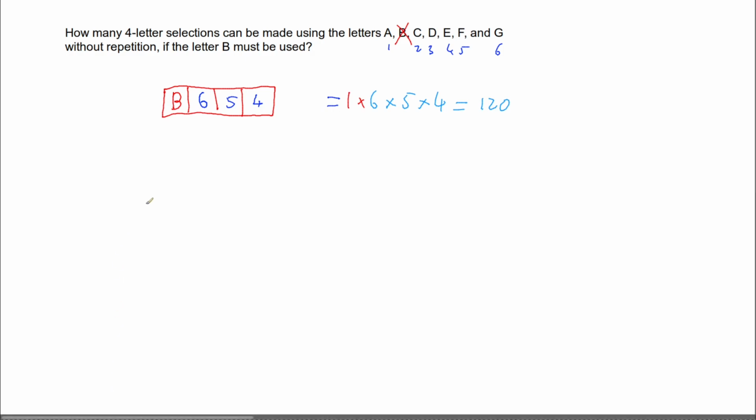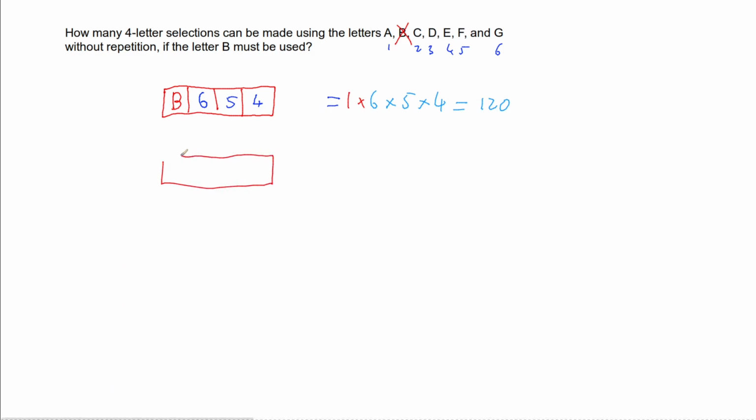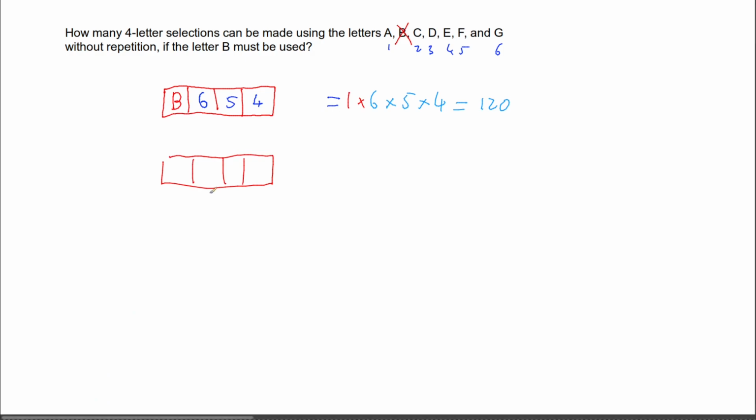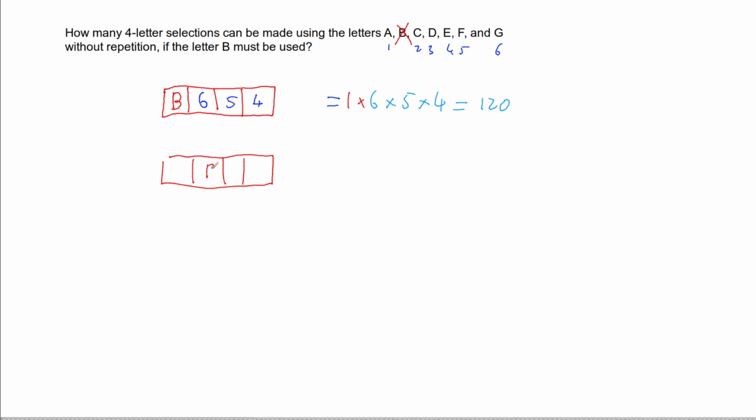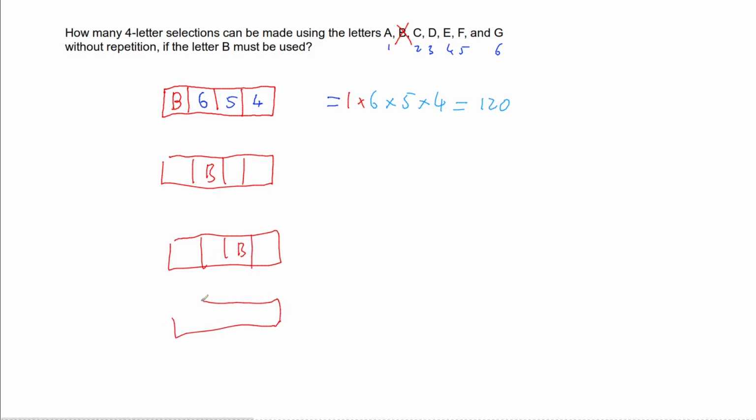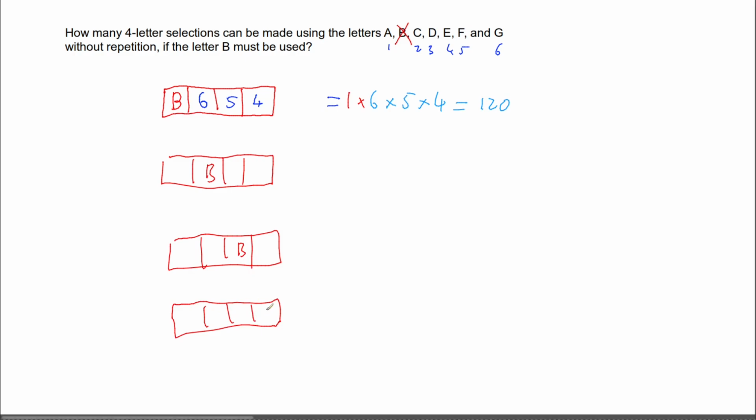I can look at this same problem by positioning B in different places to think about all the different ways, because B could come second, or B could come third, or B could come last. That's my possible options.